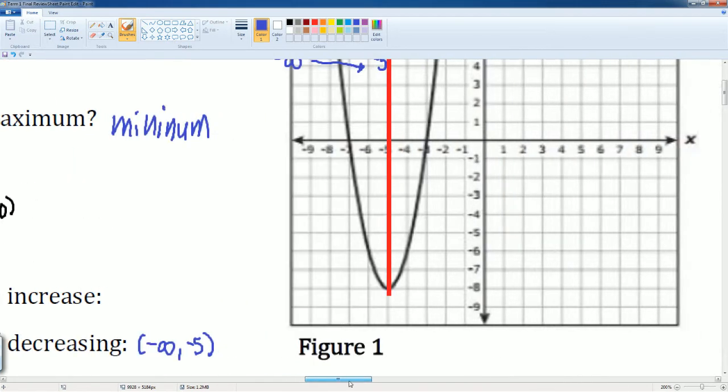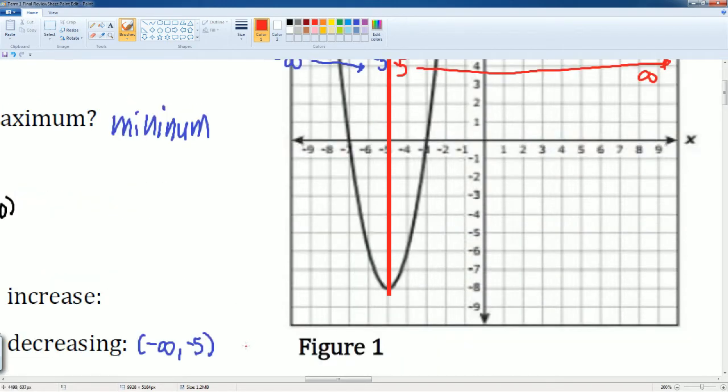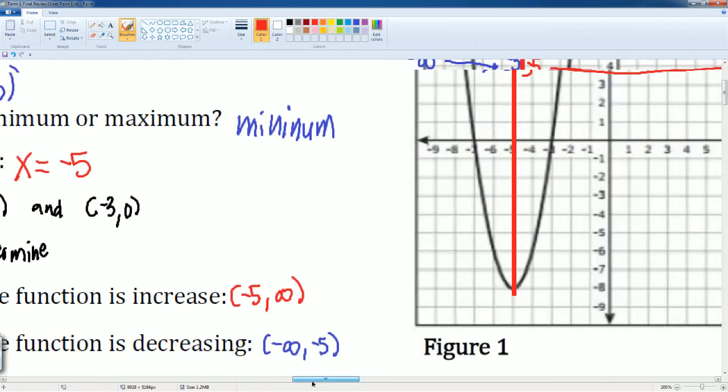Let's look on the other side for when it's increasing. It looks like it's increasing from -5 all the way to the right, which is just going to infinity. So where it's increasing would be parentheses -5, comma positive infinity.